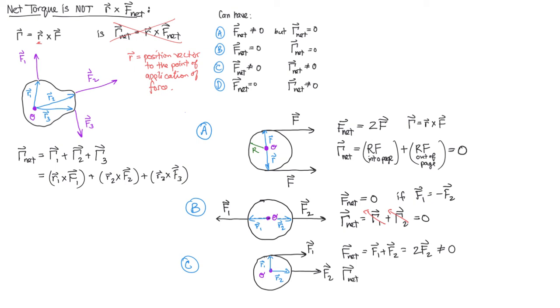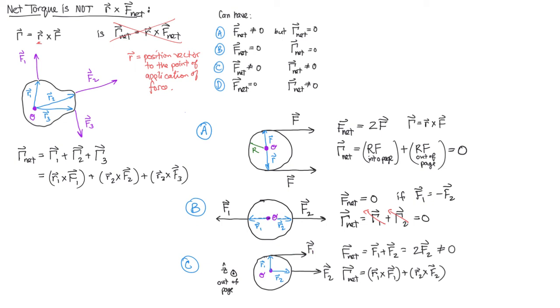The net torque is R1 cross F1 plus R2 cross F2, the sum of the individual torques. And let's be real explicit this time. Let's say that the z direction points out of the page. So a plus torque points out of the page and a minus torque points into the page.